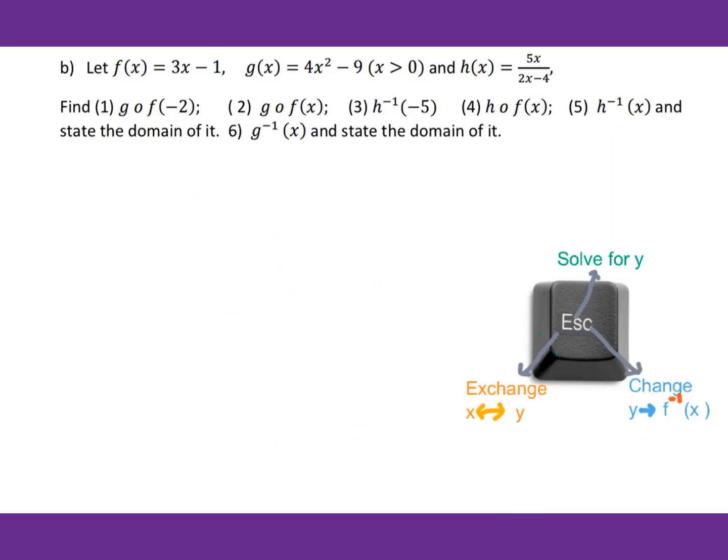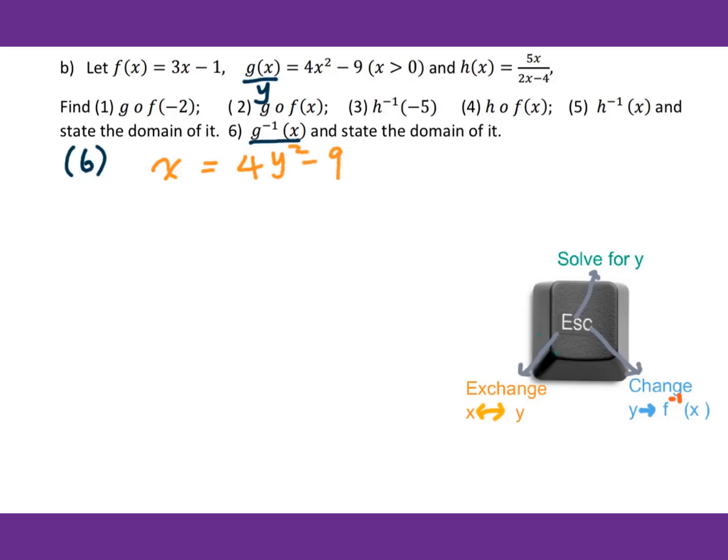For number 6, still we need to work on the inverse of g of x. Escape button. G of x, that's y. So change y into x. X equals 4y squared minus 9.